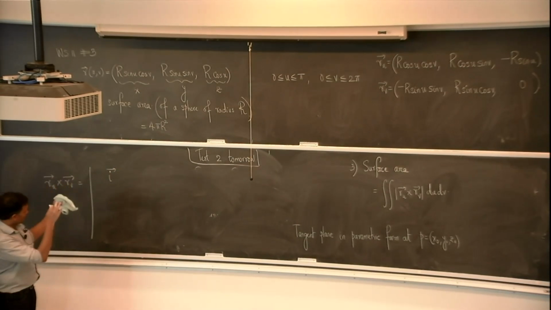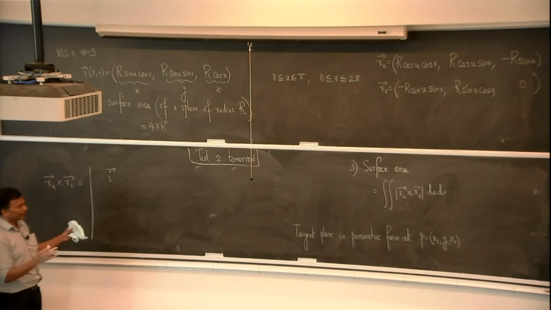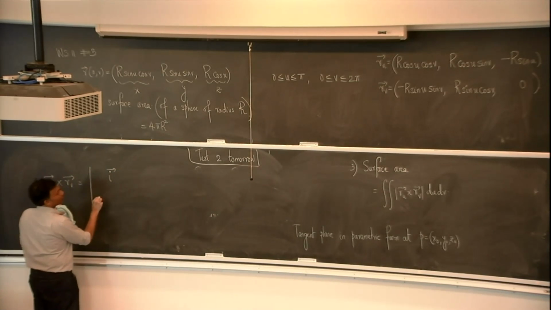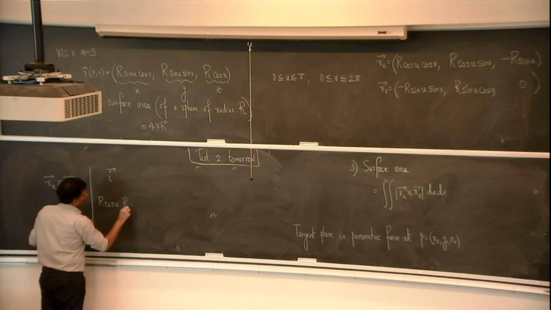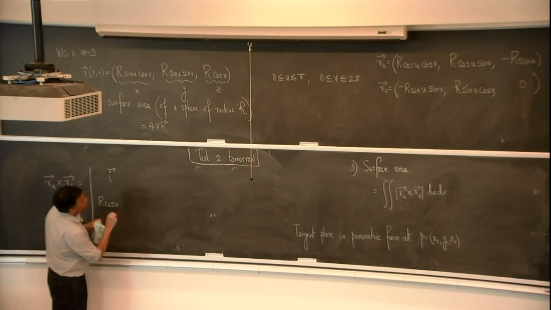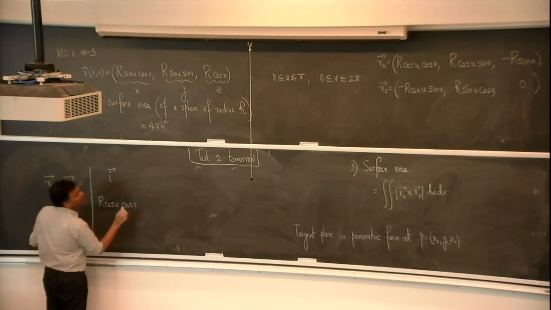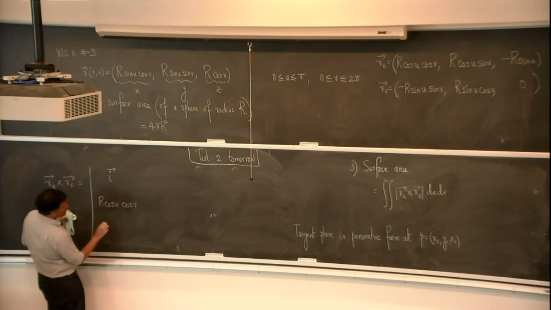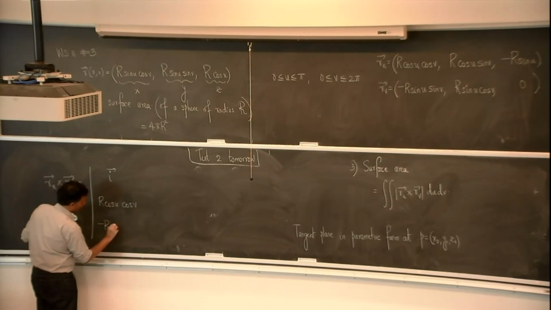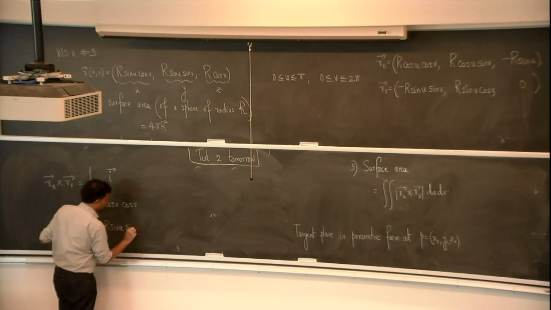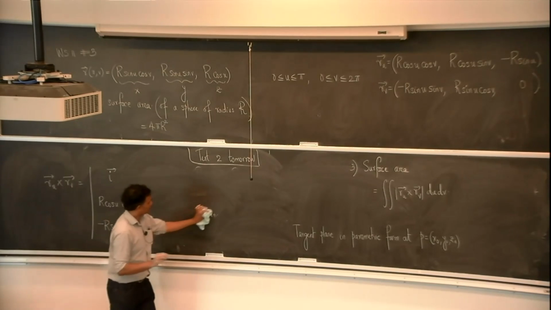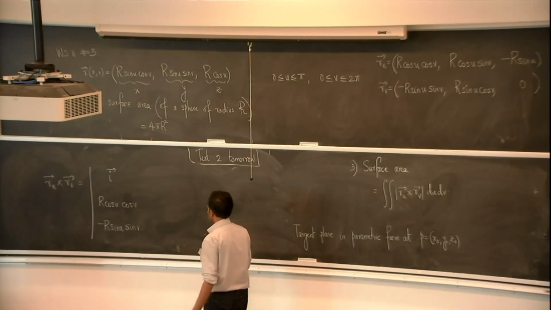I'm just going to write it component wise downwards so that I know how much space I need for each term. Okay. So the first component here would be r cosine u cosine v, and the first component of the third term is negative r sine u sine v. That's the first column.